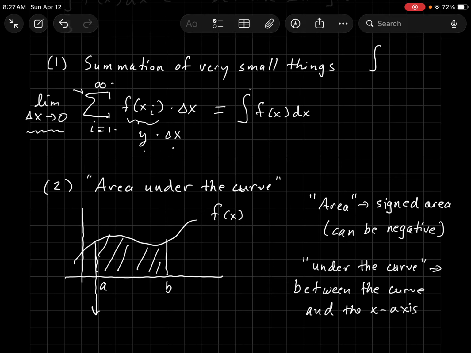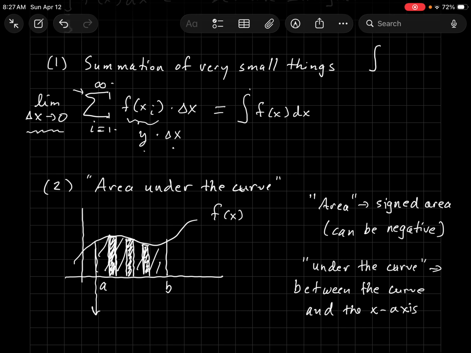So how does part 2 relate to part 1? Well, notice that if I made very, very small rectangles, I'll draw just a few and I won't make them very small. I'll make them big enough so we can see them. Like this. What is the height of each of these rectangles?